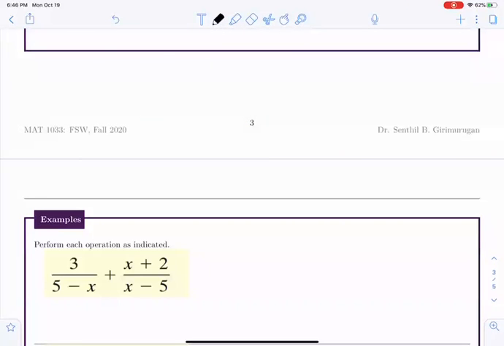So first step, I'm going to rewrite the first denominator. If I pull a negative out, I have x minus 5 plus x plus 2 over x minus 5.